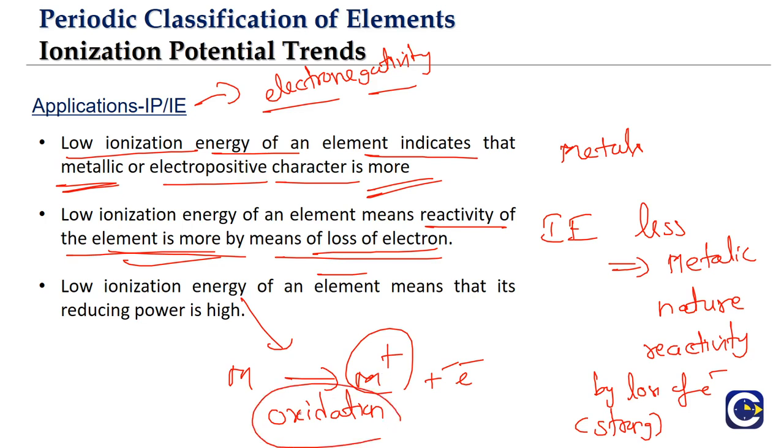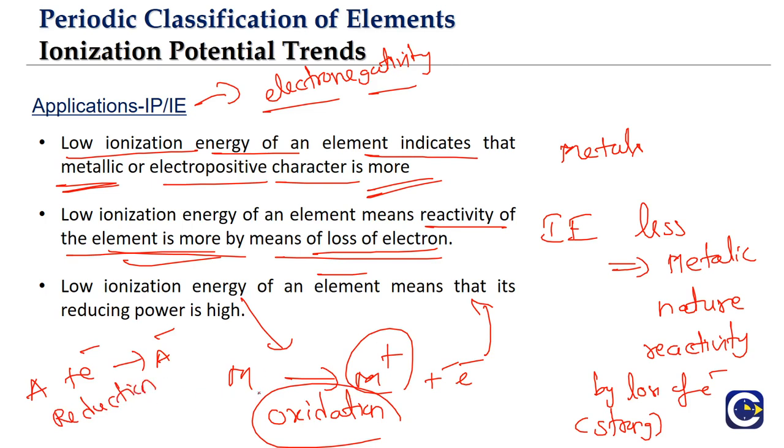If it is losing electrons, the electron is given to some other element, meaning that other element is gaining electrons. Let's say we have an element A gaining an electron to form an anion. Gain of electrons is what we call reduction.